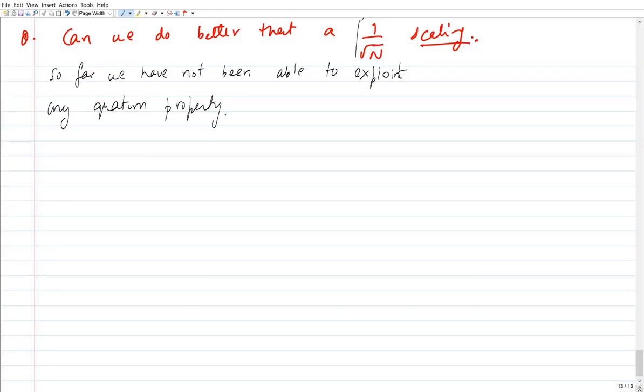Really, this 1 over square root of n scaling occurs for classical processes also. This is just the central limit theorem kind of an argument that the variance of a random variable scales as 1 over square root of n if I repeat this experiment n times. And you know, as you can guess, we introduced the entire machinery of entanglement, and we boasted that entanglement helps us perform quantum information processing tasks or quantum metrology tasks which are superior to their classical counterparts.